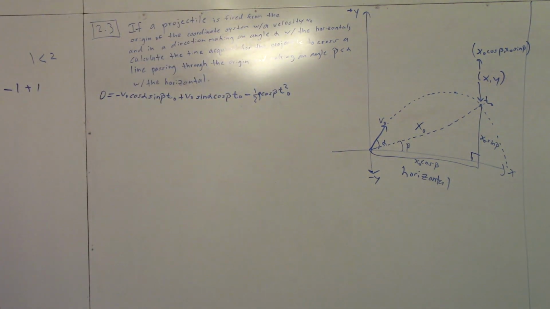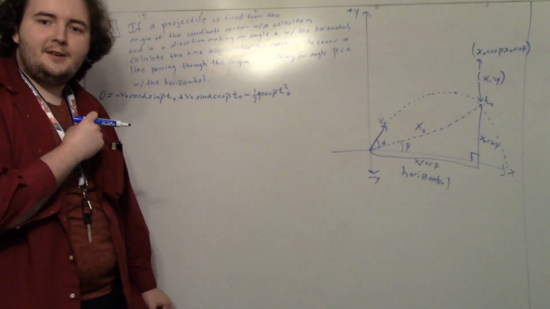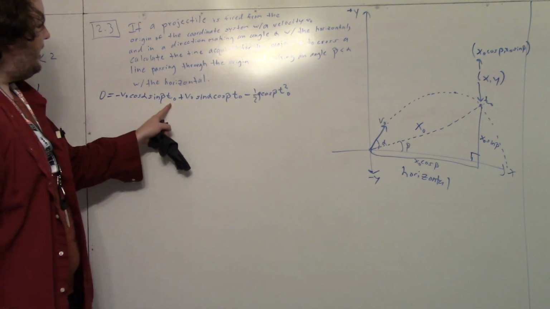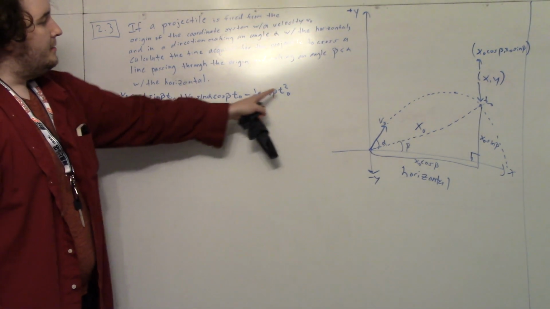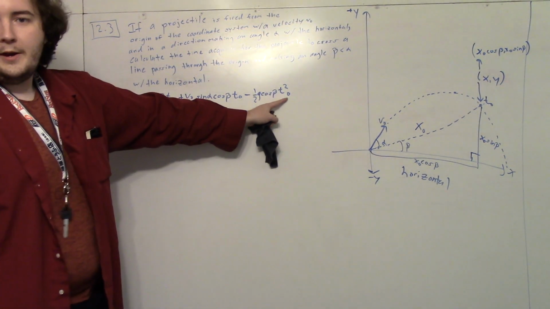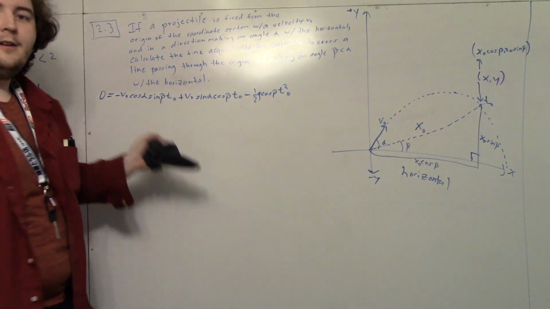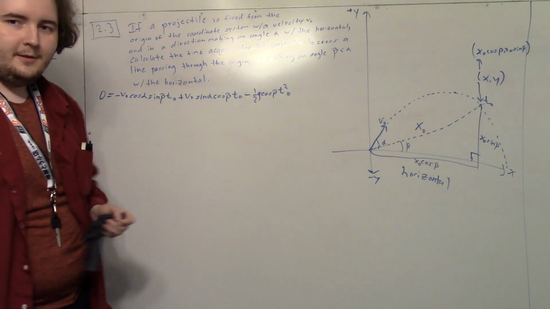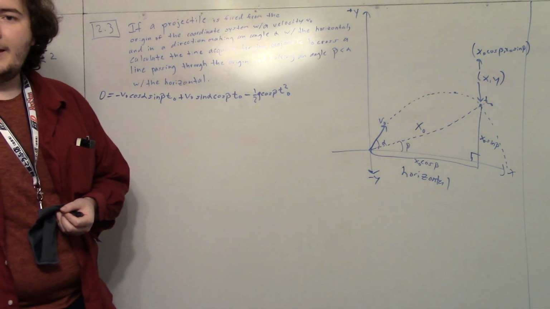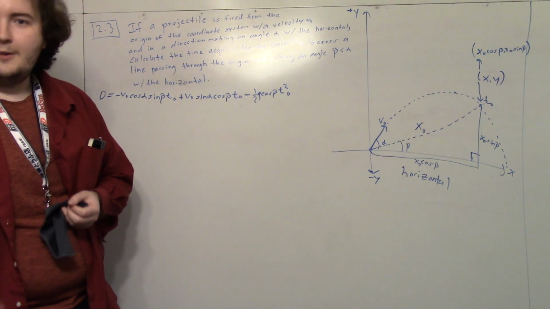So we have to solve for T naught, and I don't think I know how to do this. We have a T naught here, a T naught here, and a T naught squared here, and there's a 0 here. 0 divided by anything except 0 is 0.